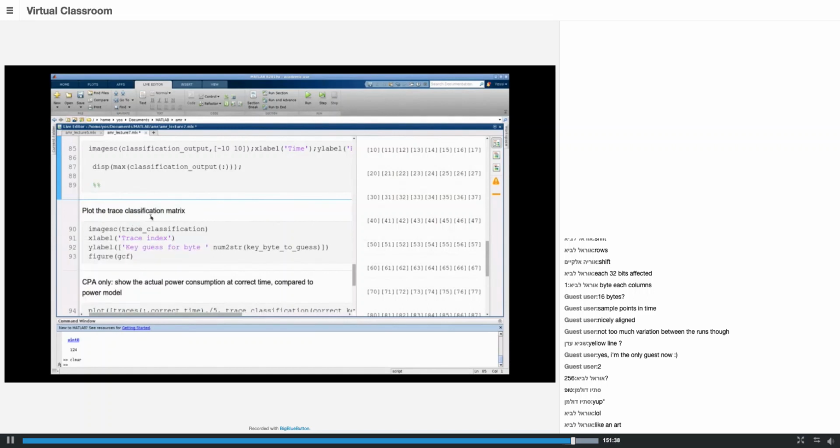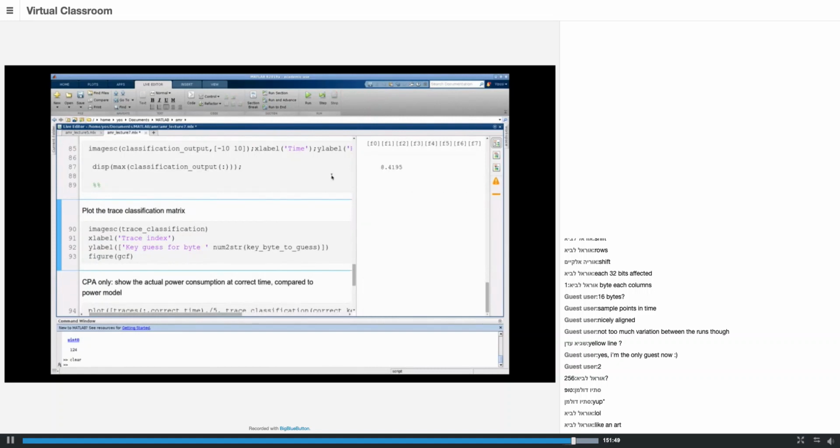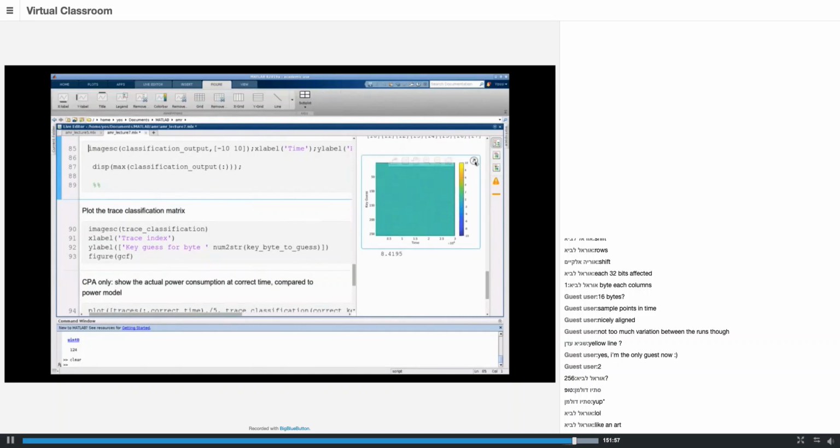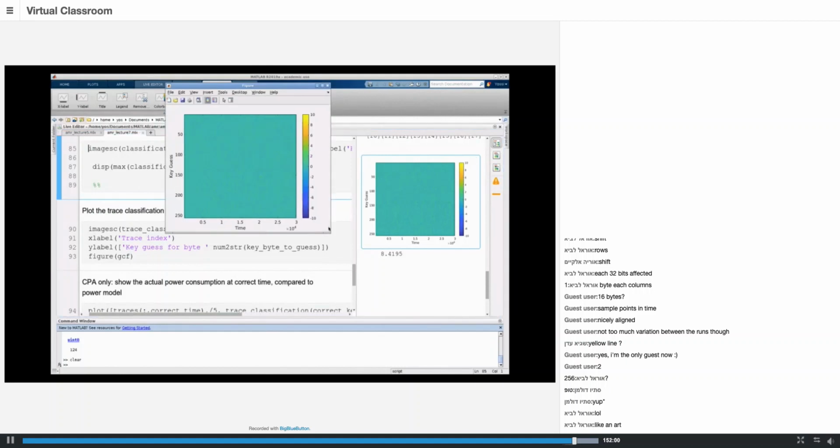So now I can show you the output of my distance of means. What you see here is, for all key guesses and for all times, what is the distance of means?